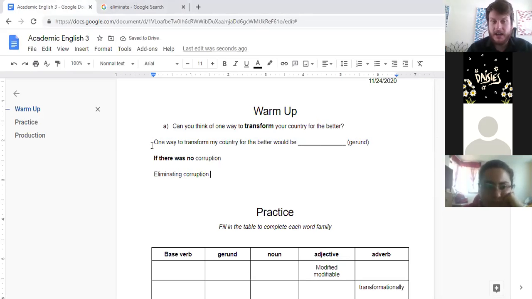That would be a super advanced way to put your thoughts together. So can you please say that? One way to transform my country for the better would be eliminating corruption.